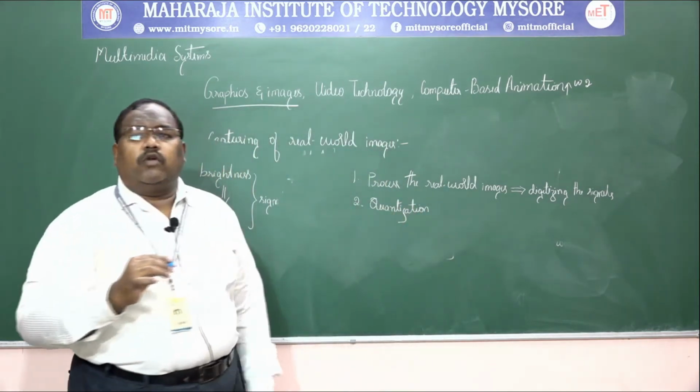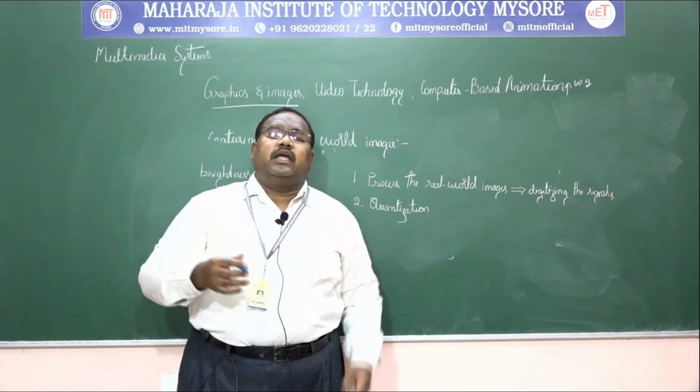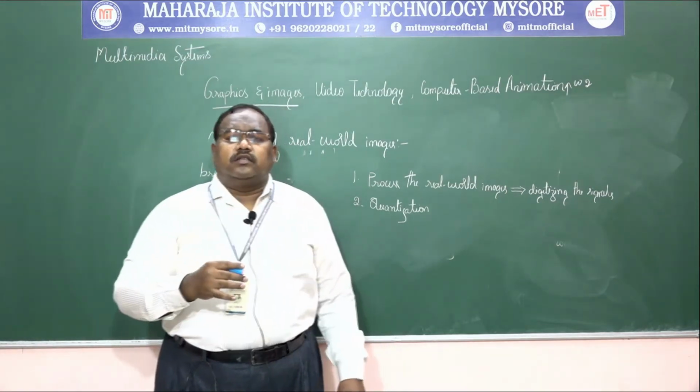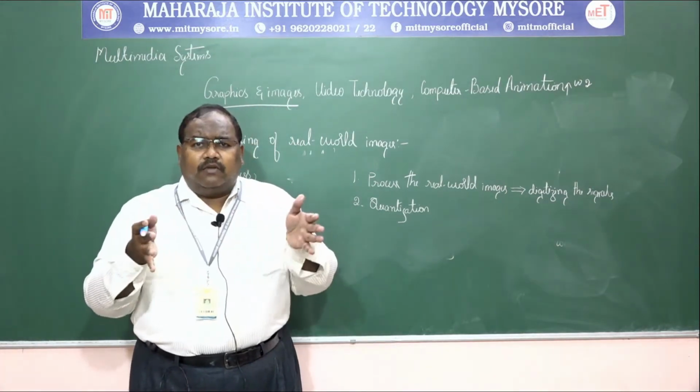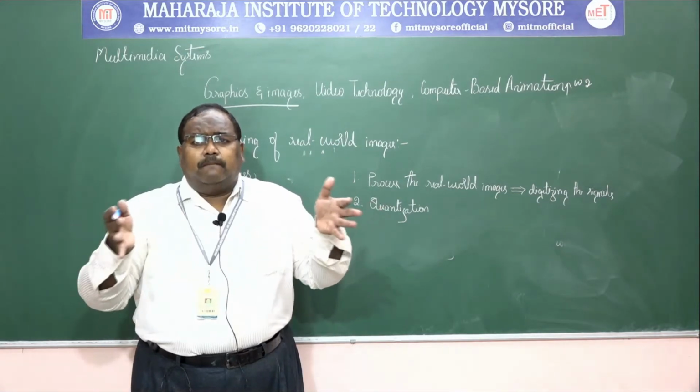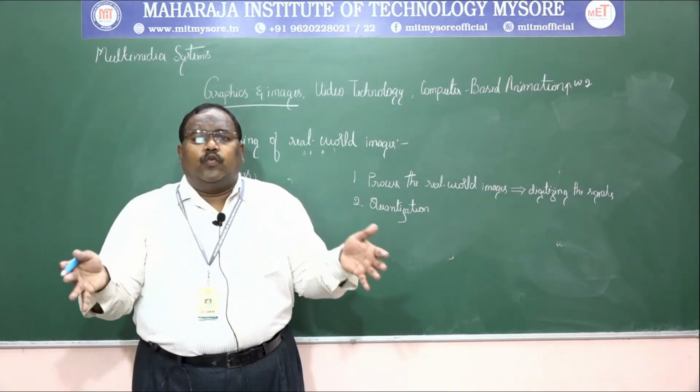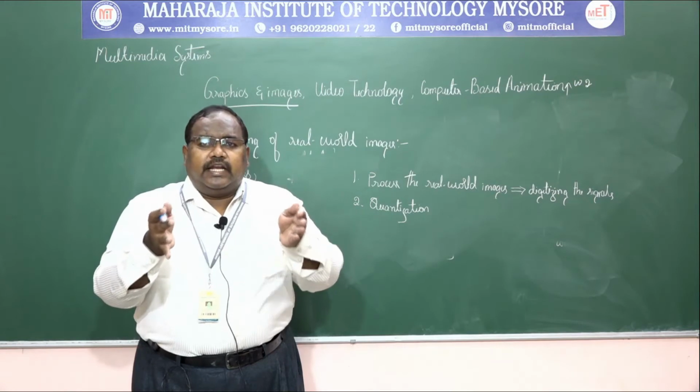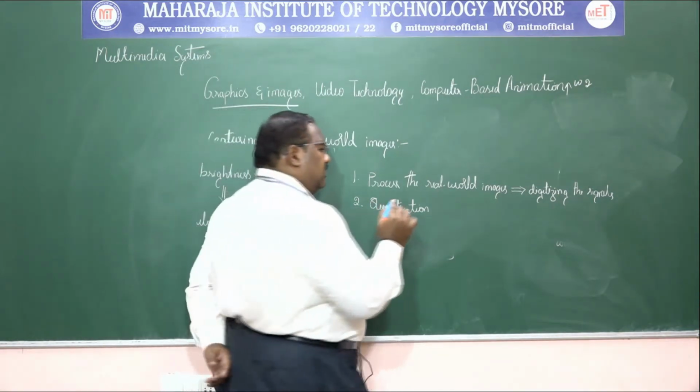When we talk about quantization, it is done to achieve an aggregation of colors. Because we have digital signals where different brightness and colors are there, we need to aggregate. When you talk about aggregating, it is combining of colors.